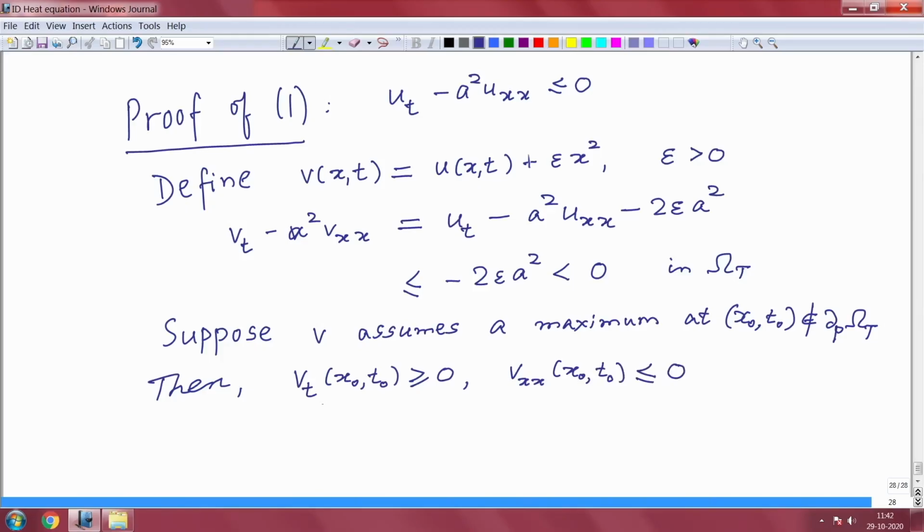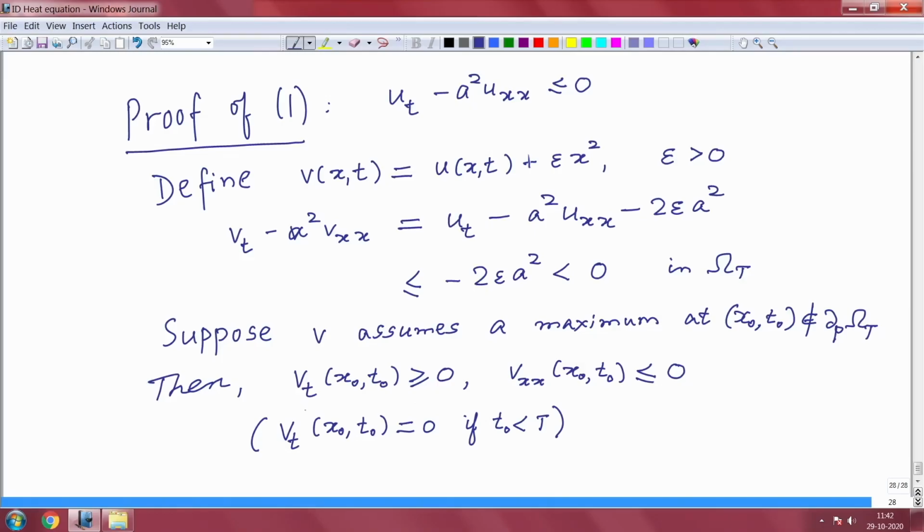A comment about this: though it is the first derivative, I am not putting equal to 0. It is equal to 0 if t_0 is less than T, but if this point lies on the blue line, that means t_0 equals T, then we can only claim this is bigger than or equal to 0. Okay. That's enough for us.